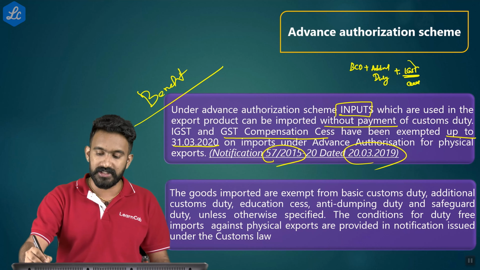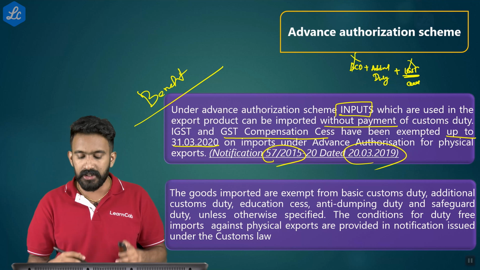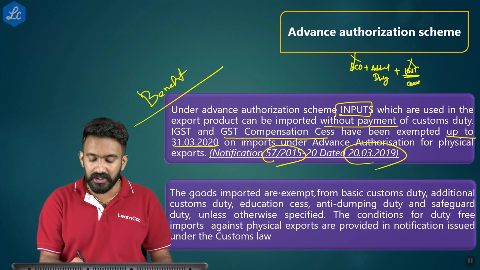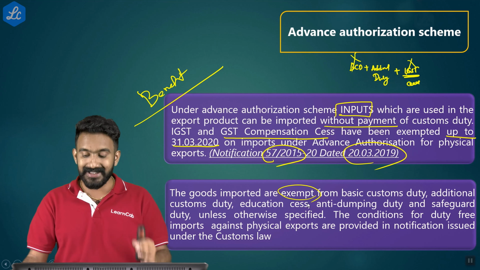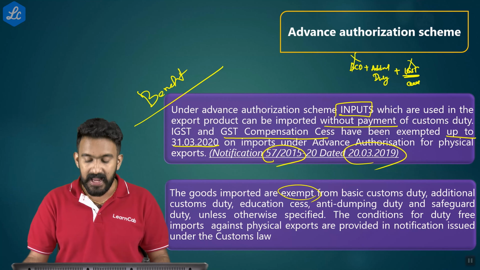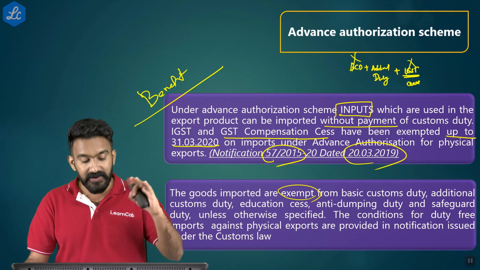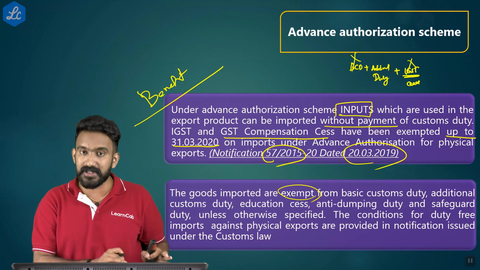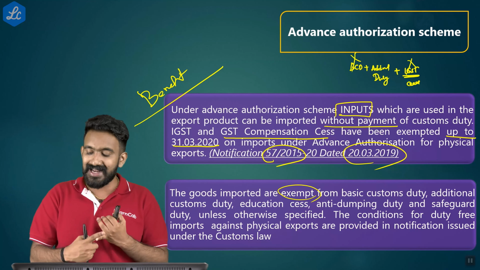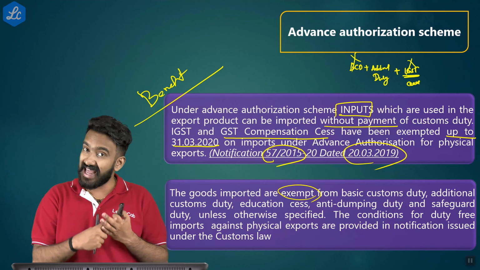Also, customs duty is exempted, and let us talk about additional duties. Goods imported are exempt from basic customs duty, additional customs duty, education cess, anti-dumping duty, and safeguard duty, unless otherwise specified. In certain cases, they have specified that duties like anti-dumping and safeguard can be levied.